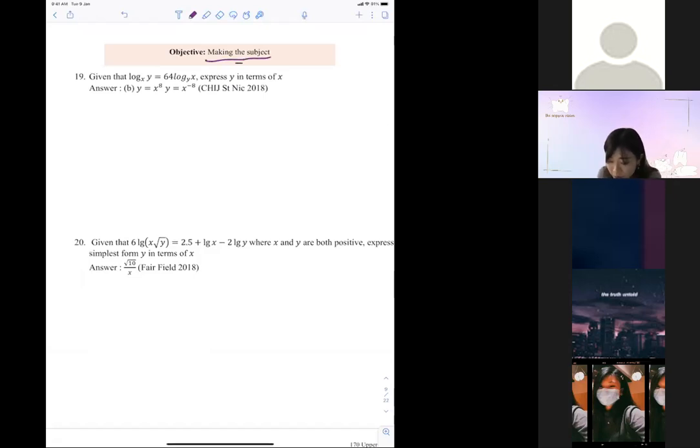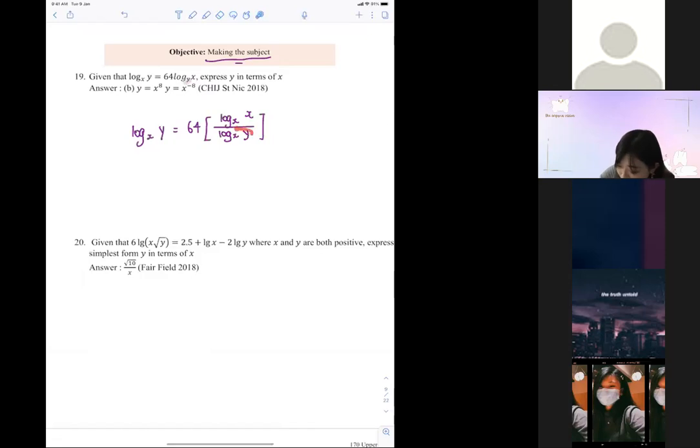To make the subject, you must see what is your subject, okay? If they want to make y, same thing, you try to make the base the same. Okay, so you got log x y equals 64. Change log y to log x over log x. We make the base the same. x goes on top, y goes below.